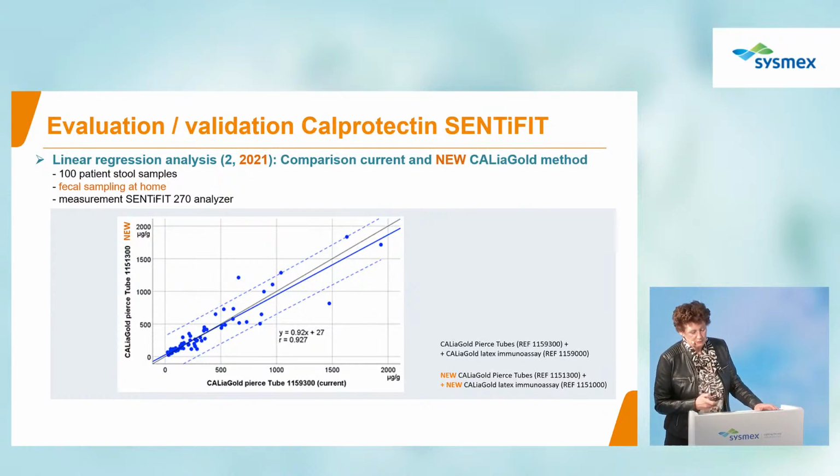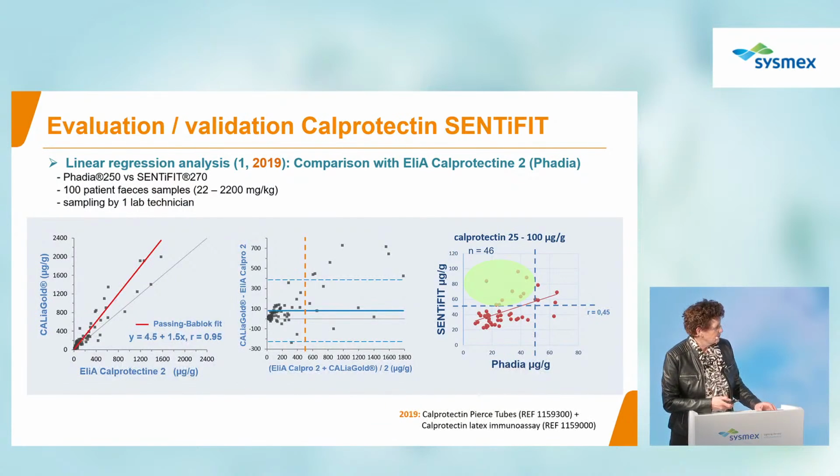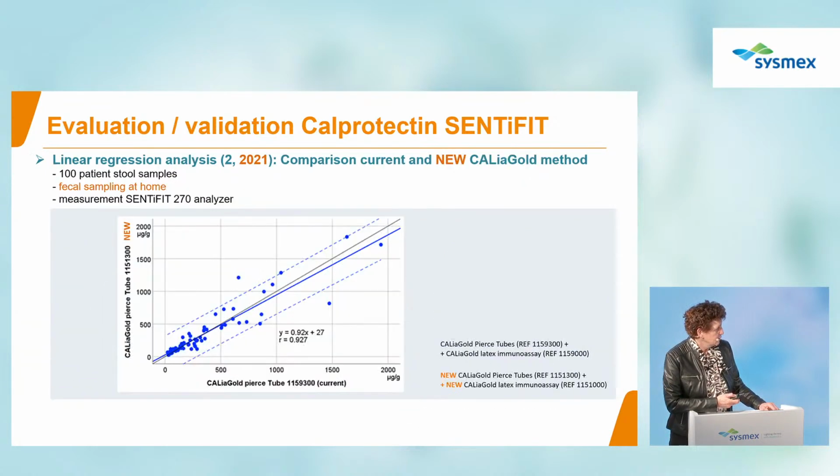But what we also see from the last slide is that maybe we have to check the cutoff values of the Calprotectin assay, which must be maybe a little bit higher, or also the cutoff values for performing an endoscopy must be elevated, because we all use the endoscopic values from literature, from all methods again.